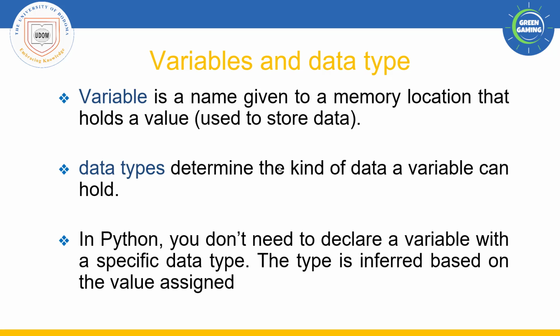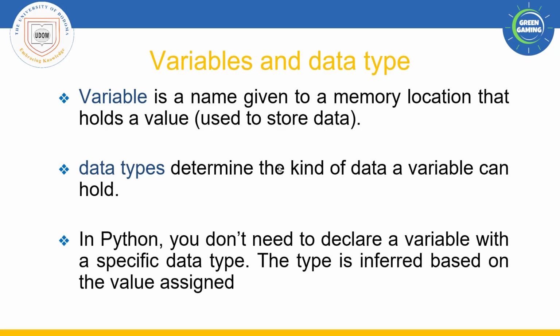In Python, you don't need to declare a variable with a specific data type. This doesn't mean that the value you store inside your variable doesn't have a data type. You don't need to declare it, but actually it has a data type. How? Because Python infers the data type based on the value assigned. If you assign a number to your variable, then your variable has a number data type, be it an integer, a float, or a double.